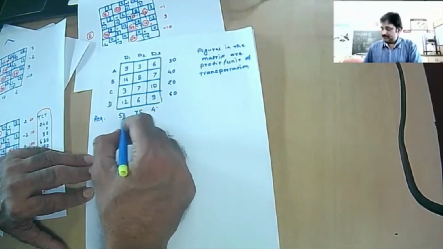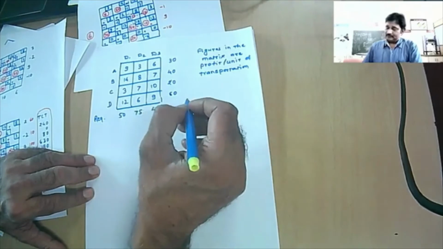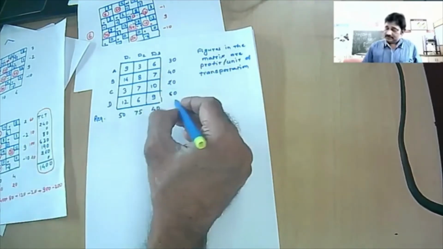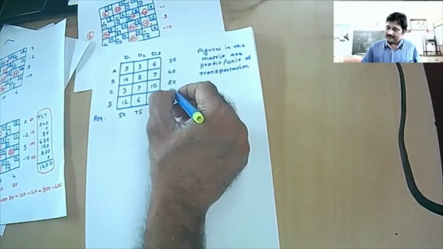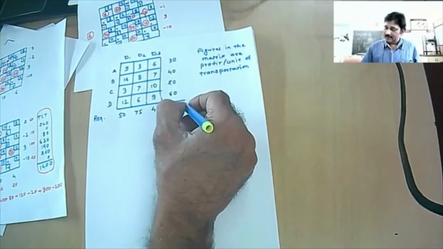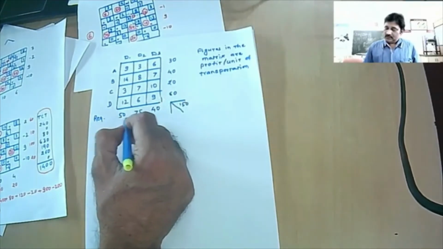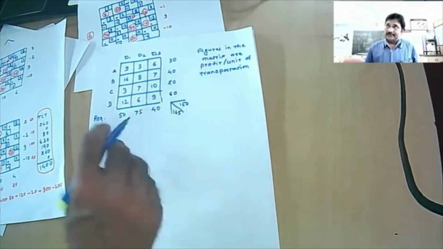How much? This is coming up to 125, 40. Okay. So the total here is coming out to be 60, 60 and 30, 150, and this is 125 plus 40, 165. So what you will have to do in this case?